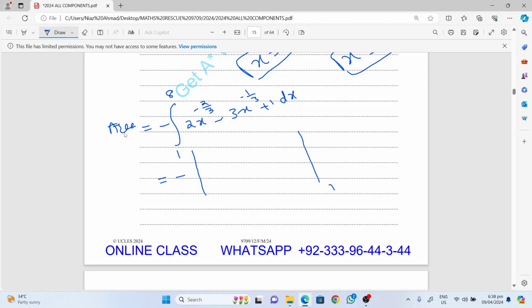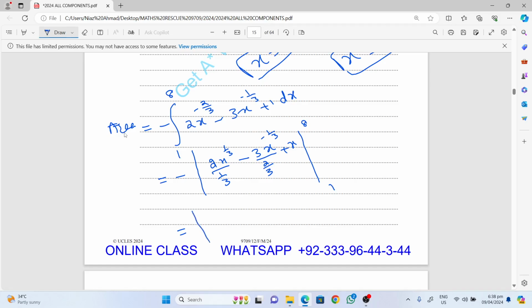So these are the limits 1 till 8. So do the integration. Your integration would be like 2x raised to the power 1 by 3 divided by 1 by 3 minus 3x raised to the power 1 by 3 divided by 2 by 3 plus x, integration of that is x.